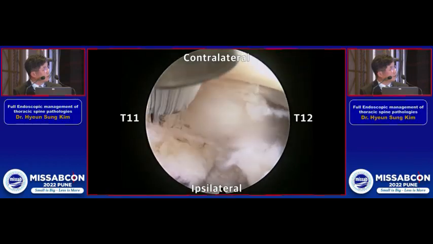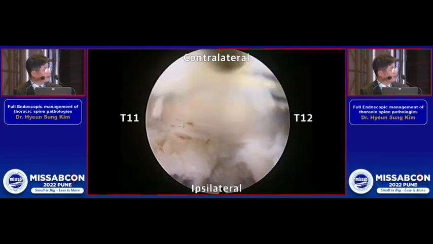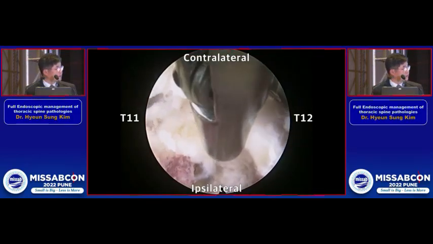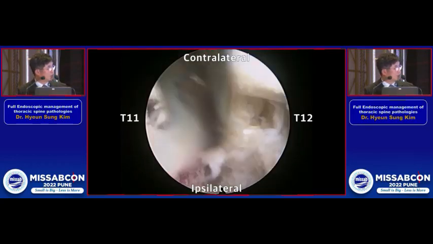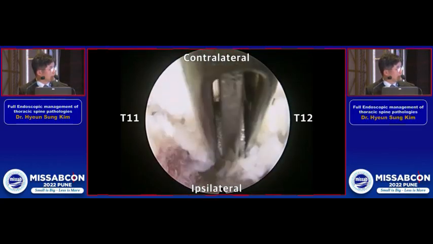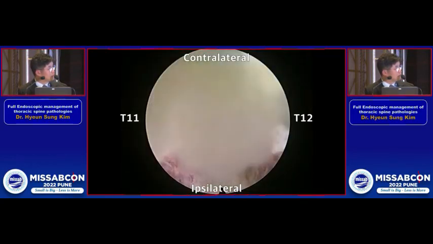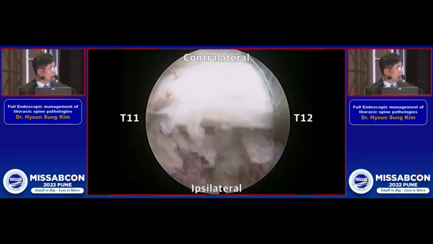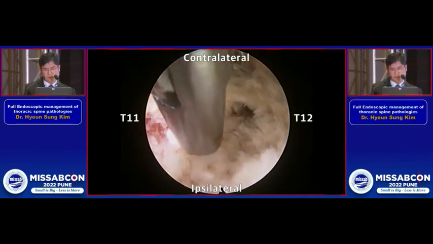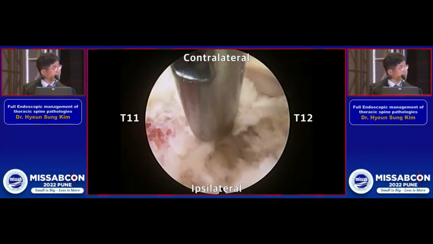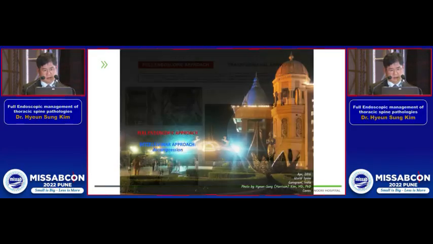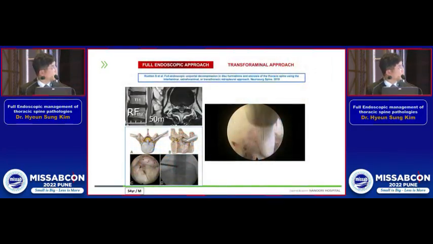Then remove the pathology safely from the ventral part of the thoracic dura. And you can see here the safe removal in spite of the centrally located disc. And after that, you can see these images.